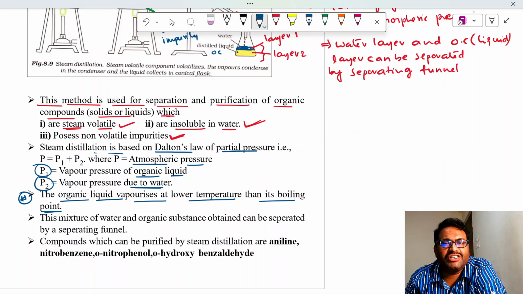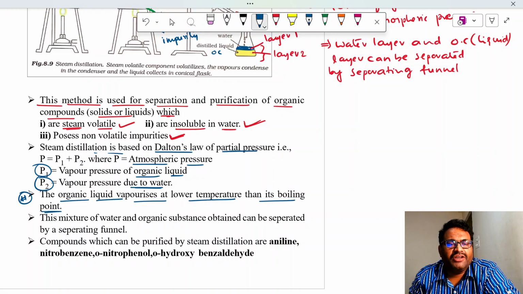In vacuum distillation also, the liquid vaporizes below its boiling point. Here also, the liquid vaporizes well below its boiling point because the remaining vapor pressure is accomplished by water vapor.